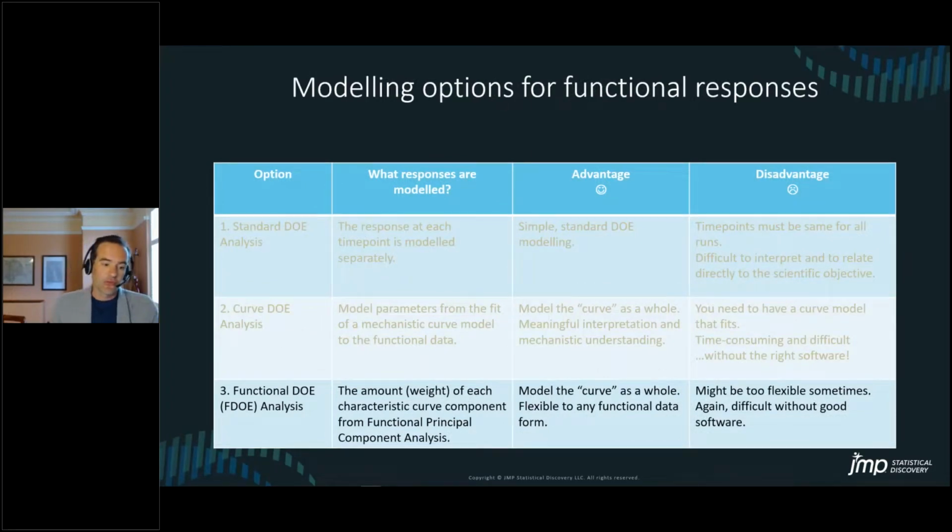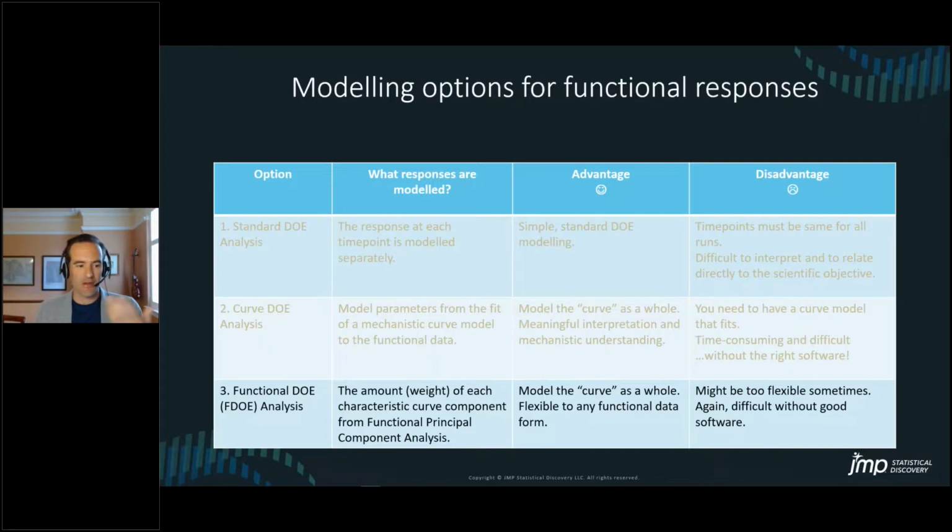So just to summarize that again, the functional DOE analysis: what we're modeling as the responses, instead of just our traditional single number responses, is the characteristic curve components of our curve, found using functional principal component analysis. We use the weights of each characteristic component for each run as the response that we model against.